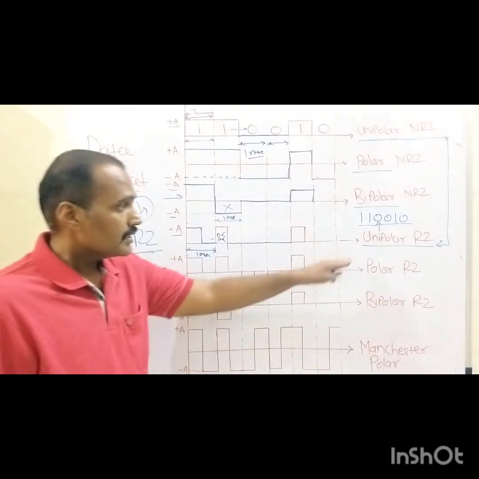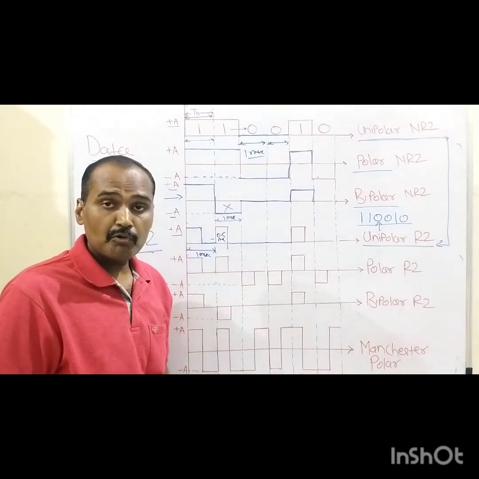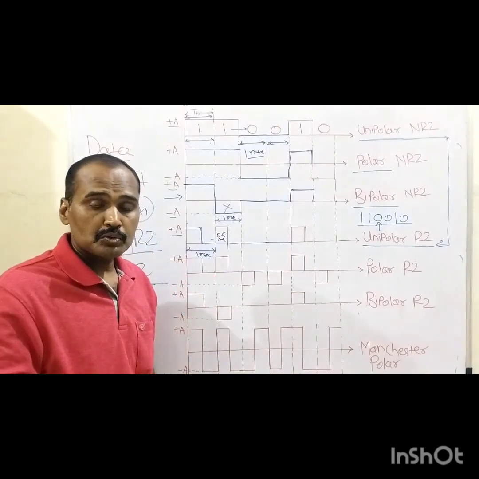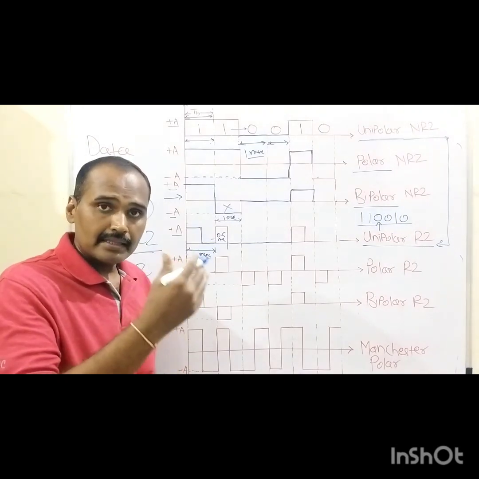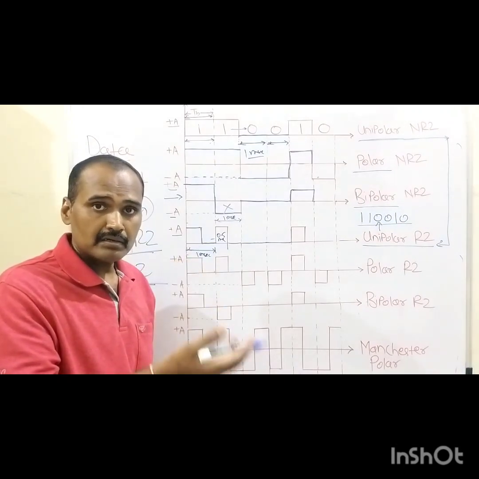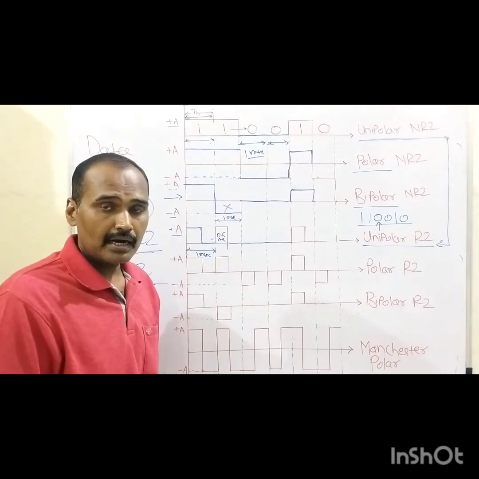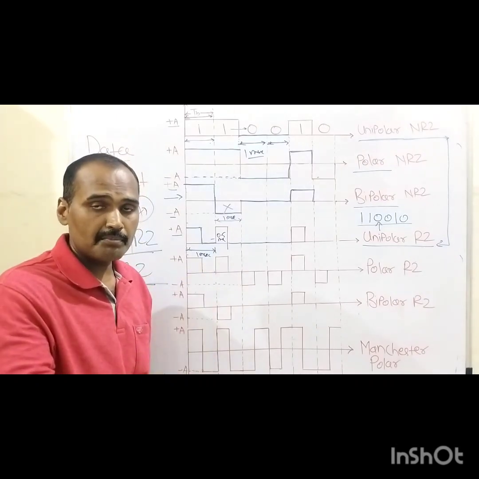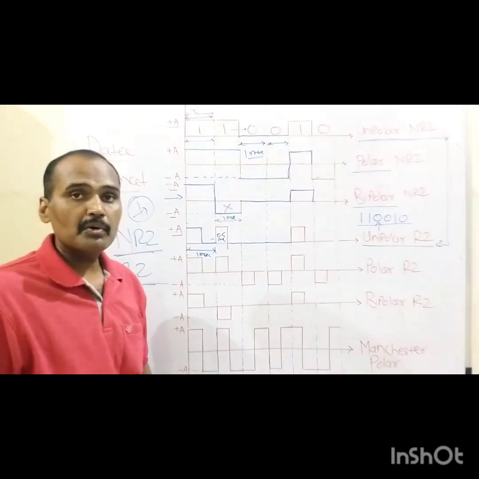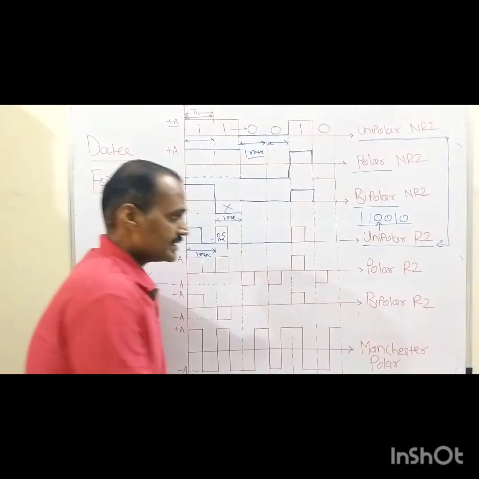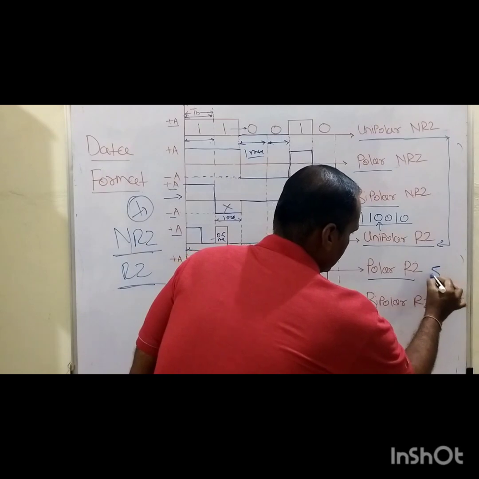So this is how this unipolar RZ type of symbol sequence is used to encode the digital information bearing signal, by assigning the resultant potential for only the first half bit duration. For the remaining half bit duration, 0 volt is being assigned, because this is the unipolar RZ type of symbol sequence. Then after that, the fifth one is nothing but what?